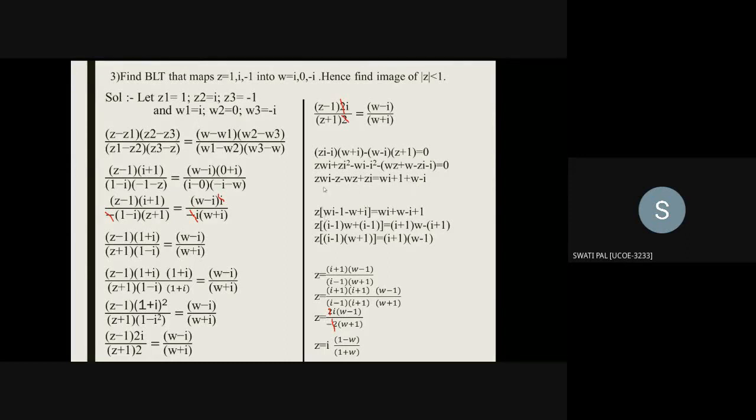Here, on the left hand side taking z as common, we get z bracket open wi - 1 - w + i bracket close equals wi + w - i + 1. From the above equation, taking w as common, we get z bracket open w(i - 1) + i - 1 bracket close equals w(i + 1) - i + 1.